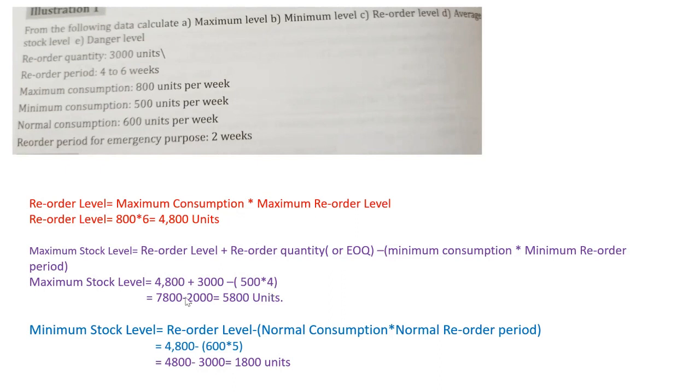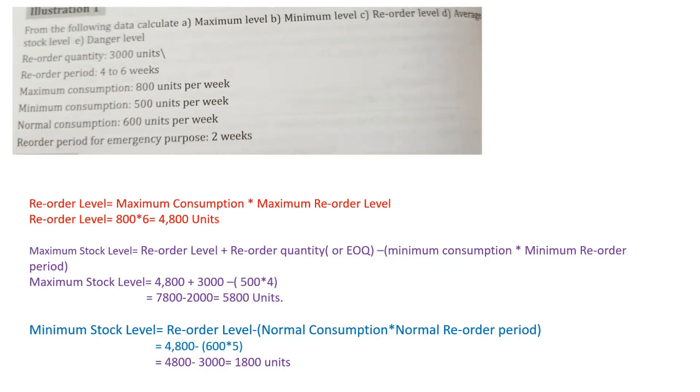Right? So just do the calculations. Now maximum stock level is 5,800 units. So minimum stock level is equal to reorder level minus normal consumption into normal reorder period.